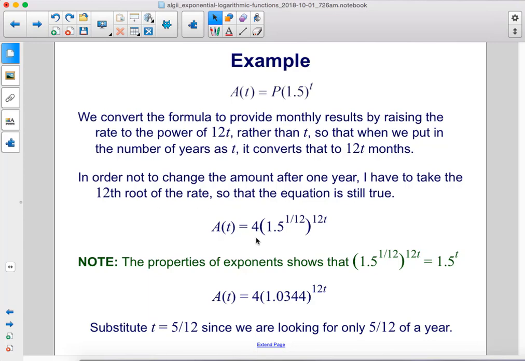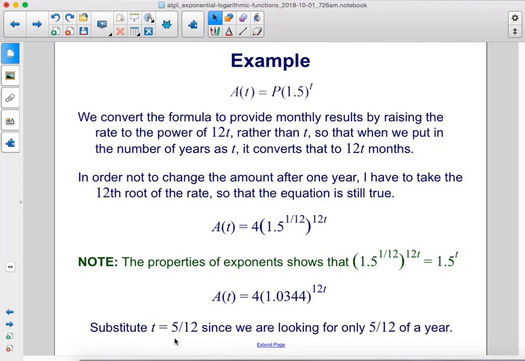So A of t equals 4 times 1.5 to the 1/12th power raised to the 12t power. Note, the properties of exponents show that 1.5 to the 1/12th power raised to the 12t power equals 1.5 to the t. So A of t equals 4 times 1.0344 raised to the 12t power.